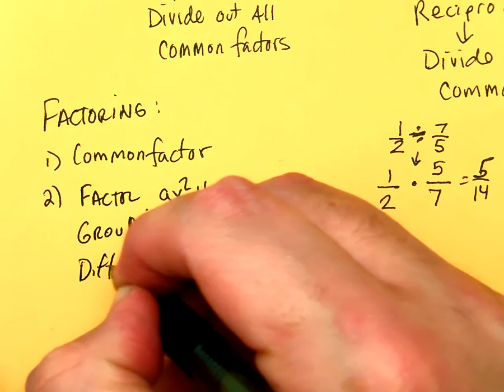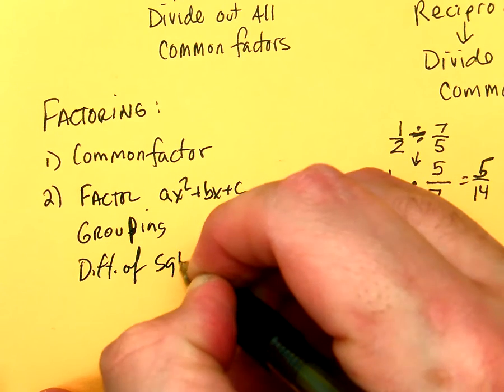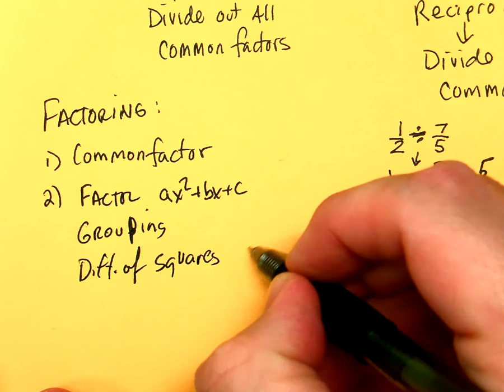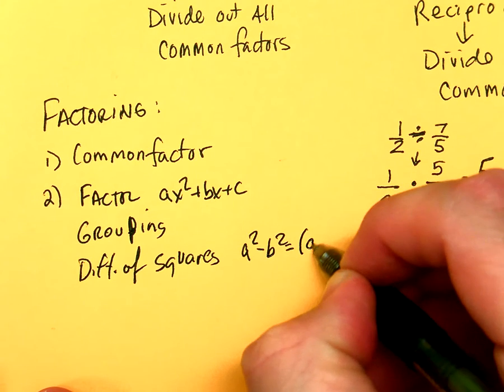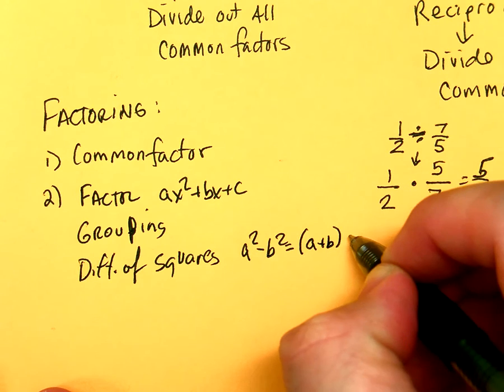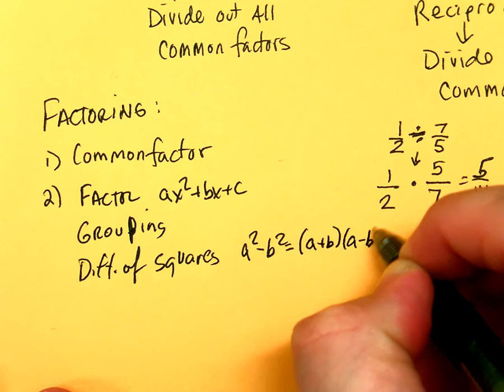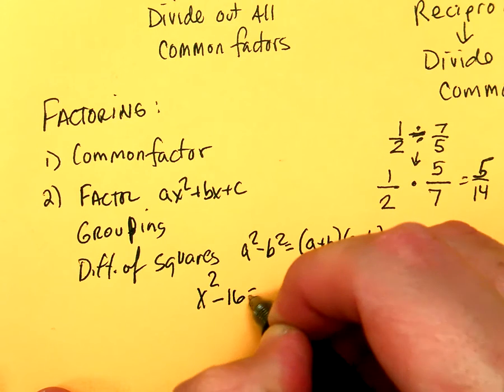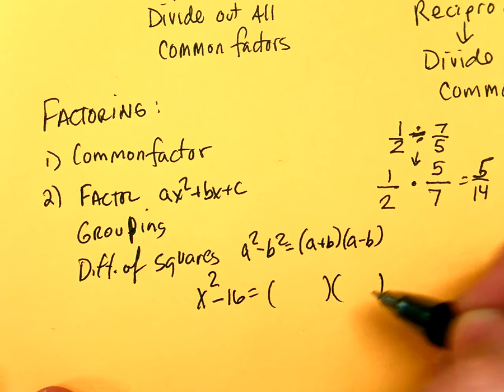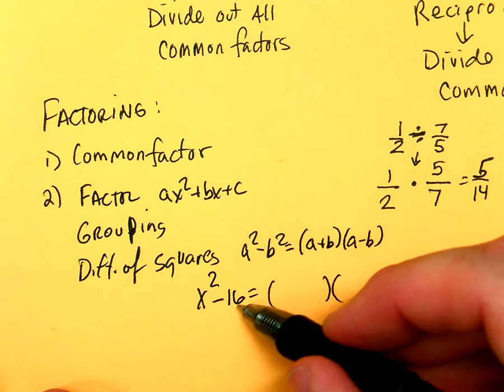A squared minus b squared is equal to what? A plus b times a minus b. So if it's like x squared minus 16, what's this going to be equal to? What squared equals 16? 4. So it's x plus 4, x minus 4.